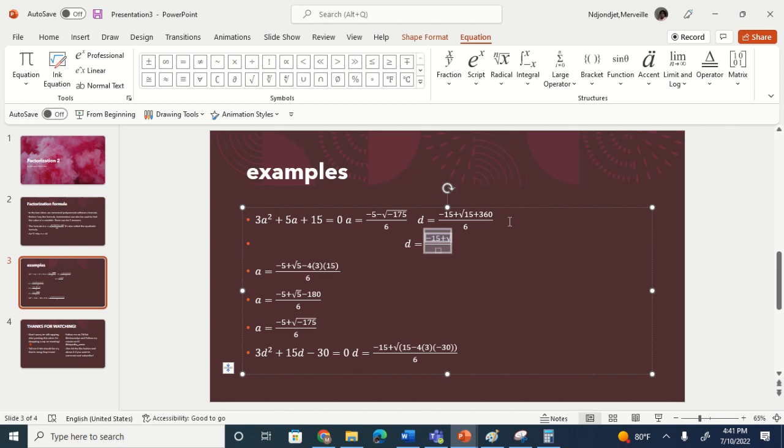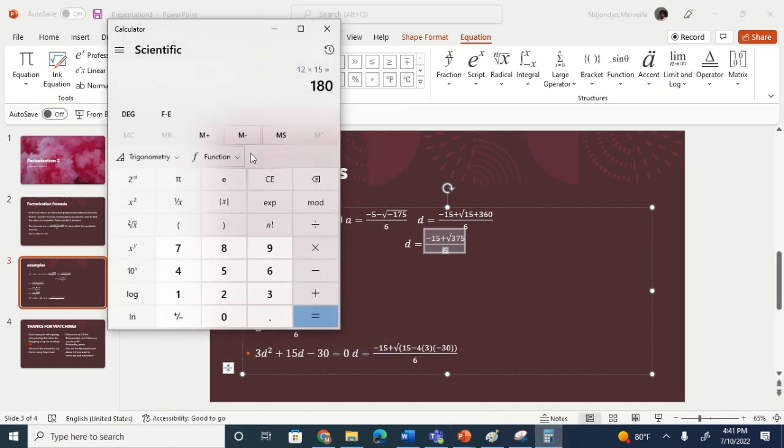So that's 375 all over 6. So now let's find the square root of 375. Alright, so the square root is 19.364. You know what? I'm not going to put the number down this time.